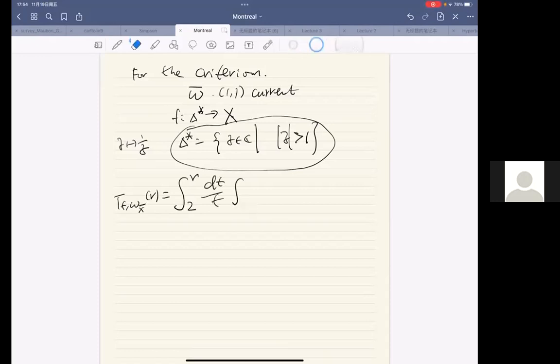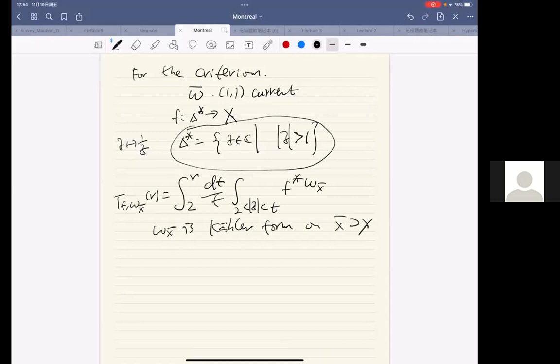Here, omega bar is a smooth Kähler form on the compactification.